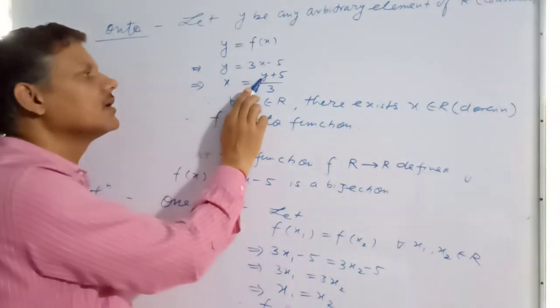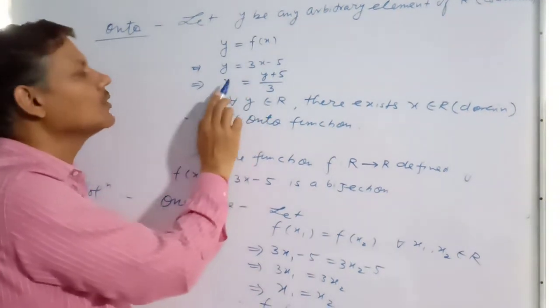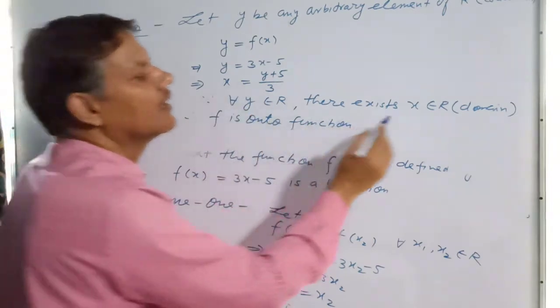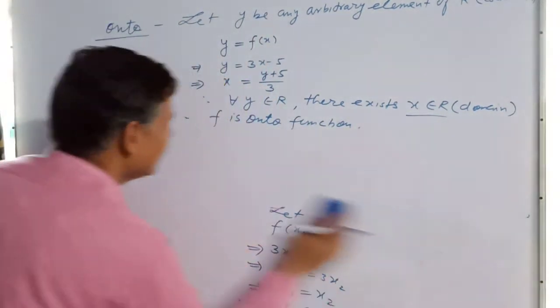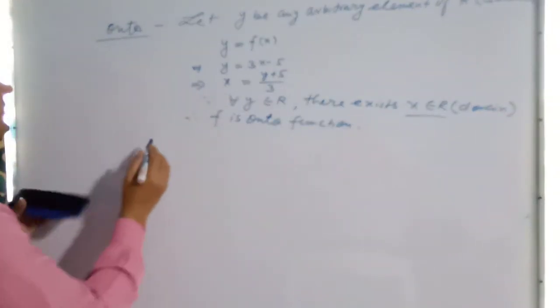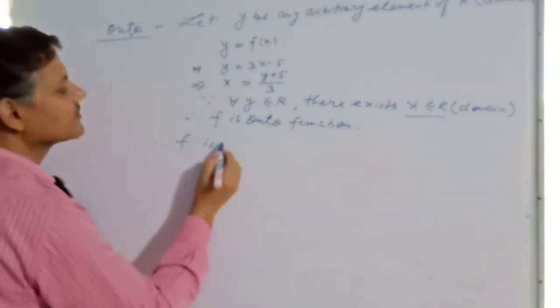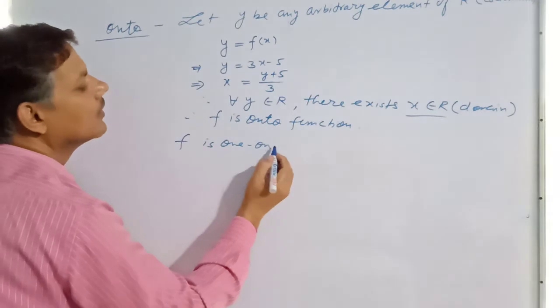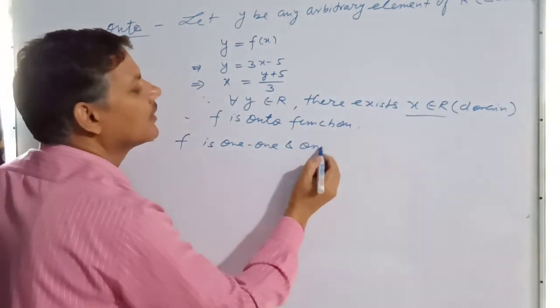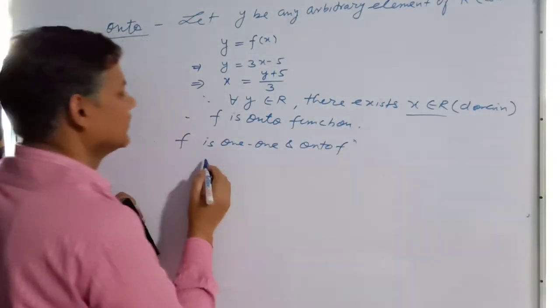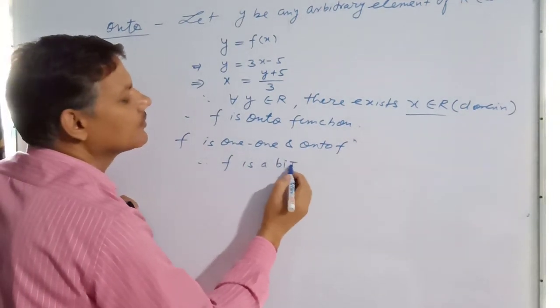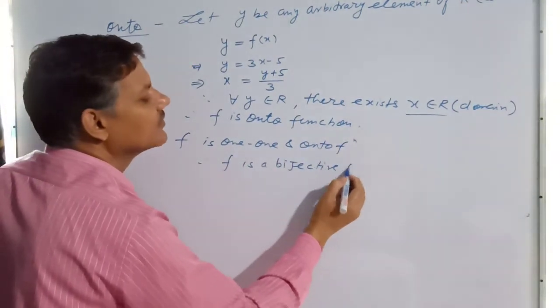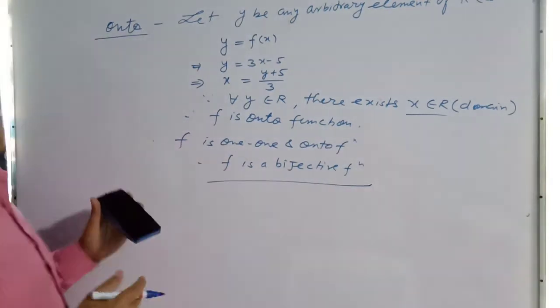When we put any real number in place of y, we are going to get x as a real number, which is the domain of the function. That's why f is 1-1 and onto. Therefore, f is 1-1 and onto function. Therefore, f is a bijective function. This is about bijection.